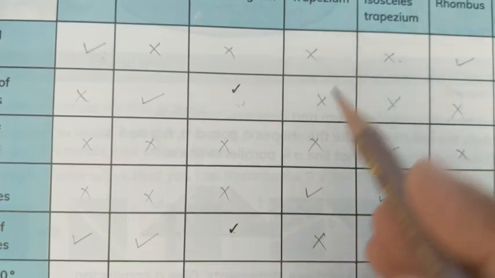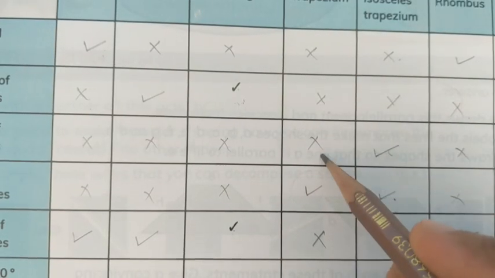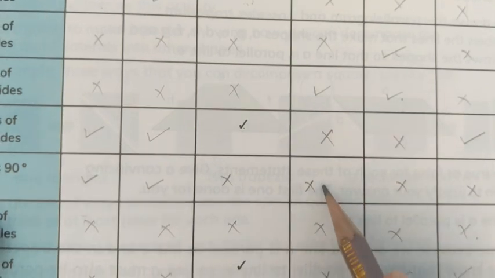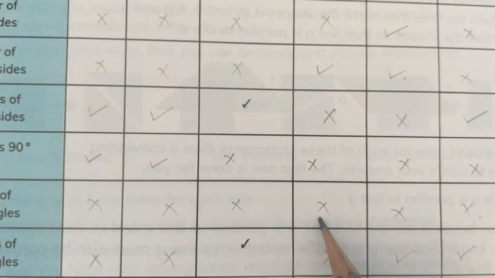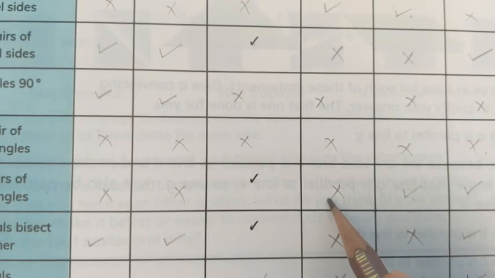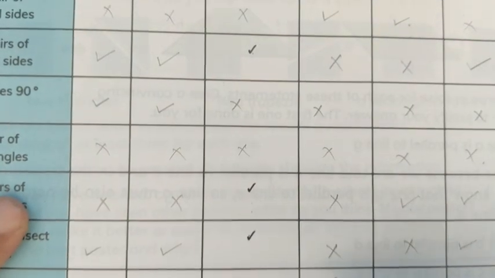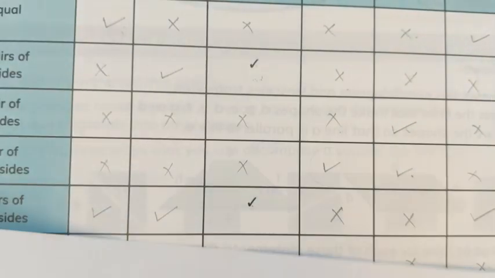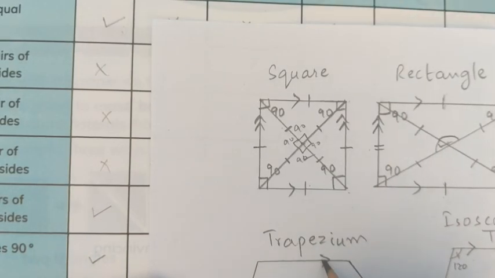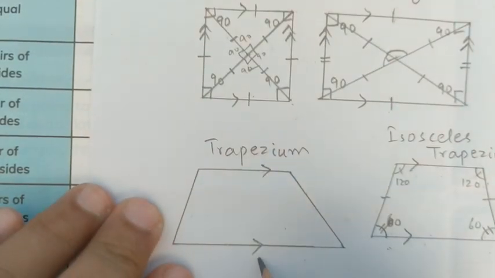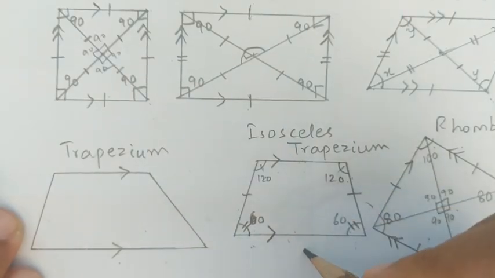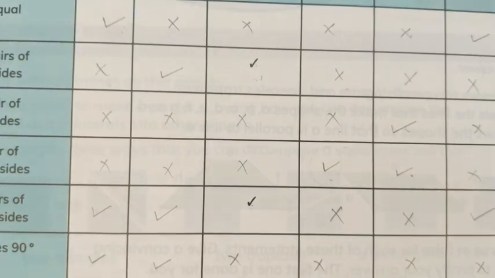No four equal sides, no two pairs of equal sides, no one pair of equal sides, no two pairs of parallel sides, no angle of 90 degrees, no pair of equal angles, no two pairs of equal angles. So we have no characteristic found in a trapezium apart from this one, right? So this was a mistake over here. Just make the correction that in a trapezium we have one pair of parallel sides, like an isosceles trapezium. So it's a tick over here. That's all. Okay.